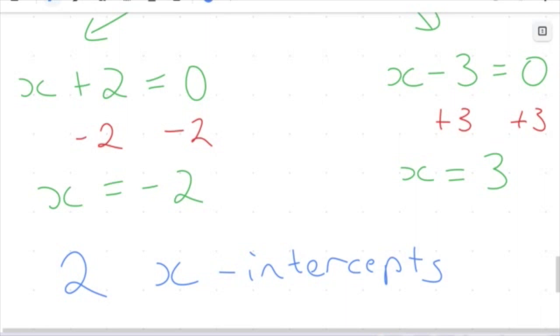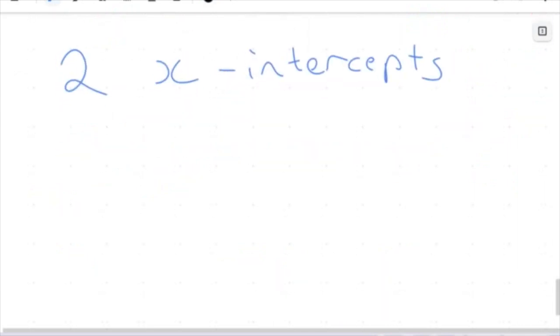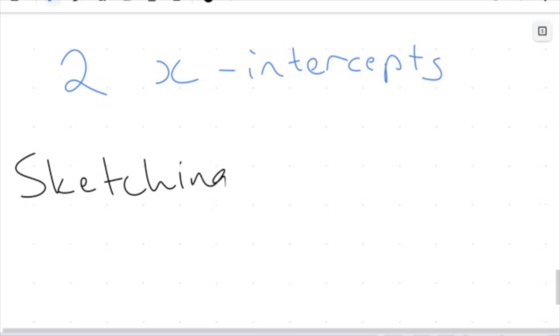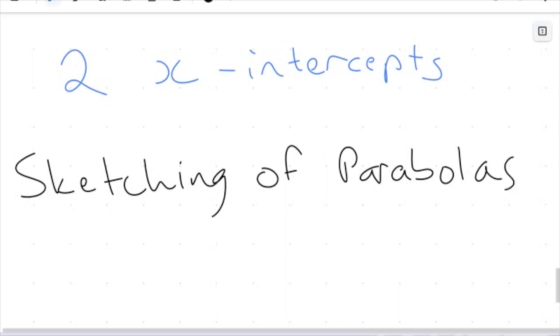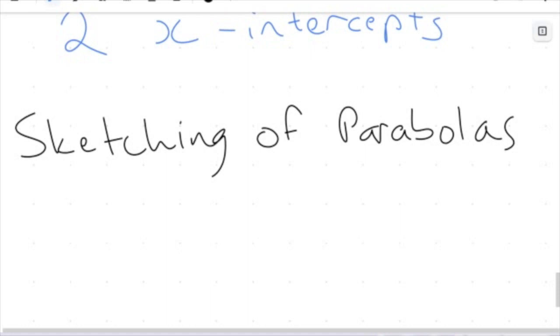All right, now this brings us to the actual sketching of parabolas. And remember, now we are finding a lot more details about these parabolas, which are going to let us make some really nice, hopefully more detailed drawings.